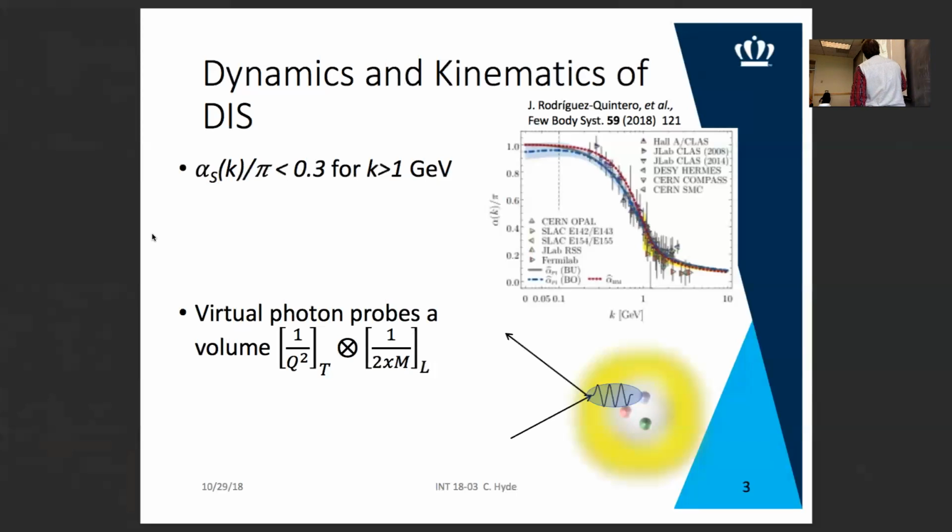There's a saturation. And so, we always argue, well, how high in Q squared do you have to go? 1, 2, 4, 10. And the answer seems to be dependent upon what physics you're trying to do and what machine you have to do it with. Momentum scale of 1 GeV, or if you square that 1 GeV squared, it doesn't matter. The alpha_s over pi is around 0.4. So we started to be perturbed.